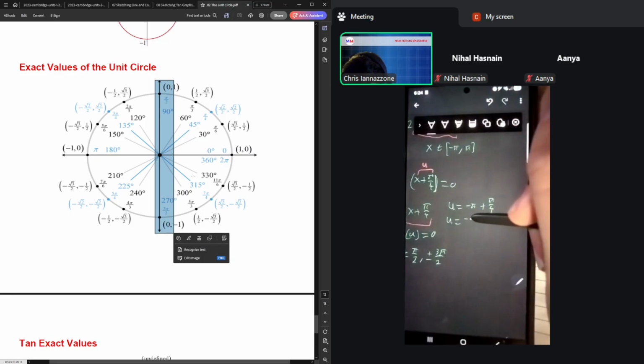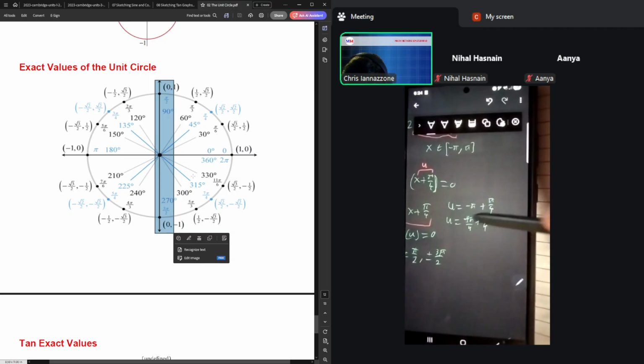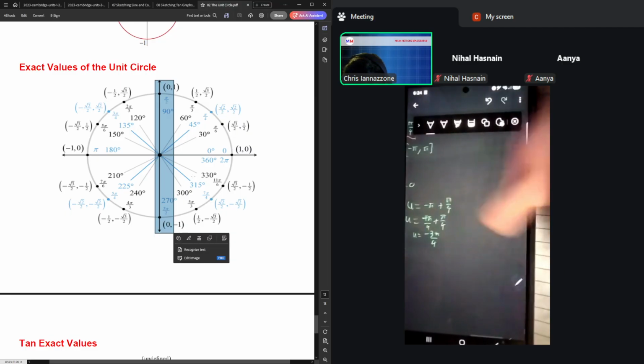That's going to be u equals negative 4 pi on 4 plus pi on 4, getting same denominators so we can do that addition properly. And that's going to be u equals negative 3 pi on 4. So that'll be the new lower bound. New upper bound, same thing.